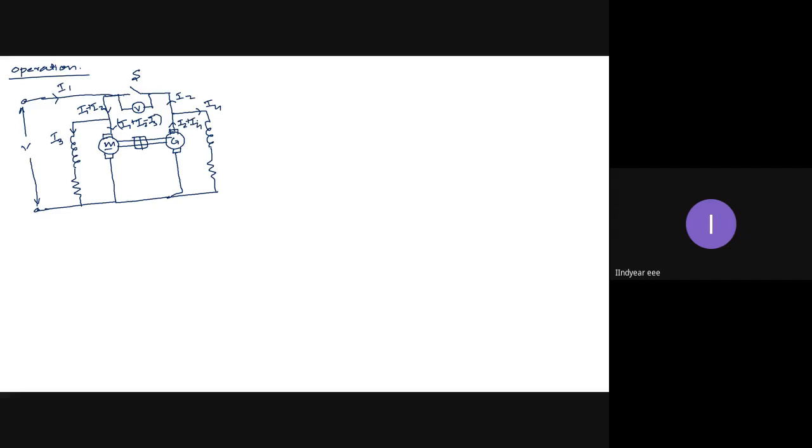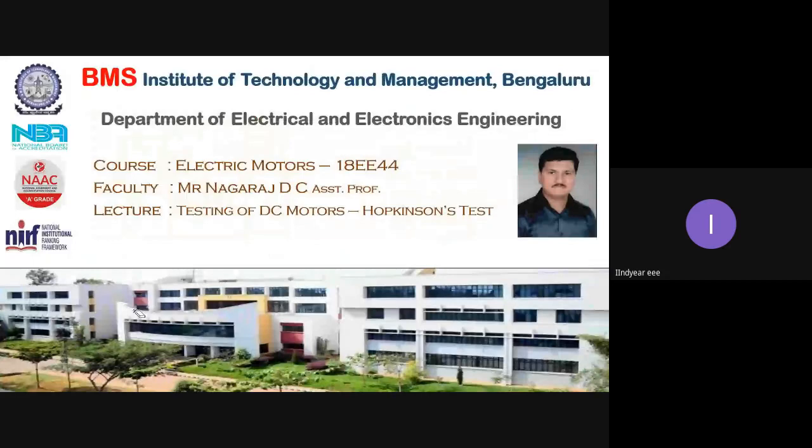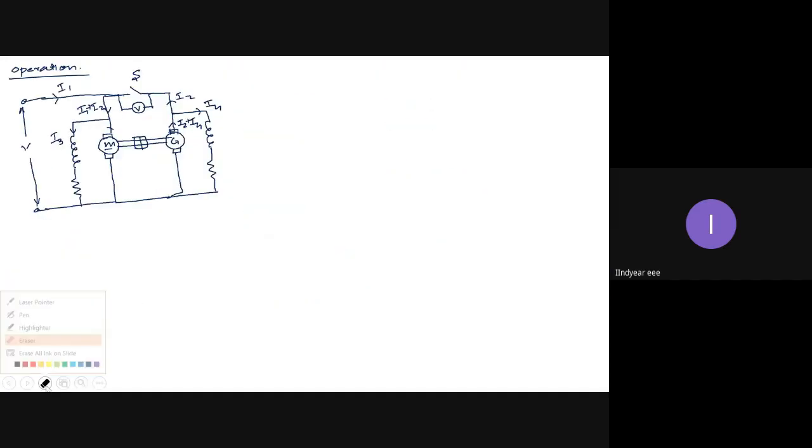For the time being, I will remove these currents because I have to show some more things in the diagram. Here let it be I1 plus I2 minus I3.